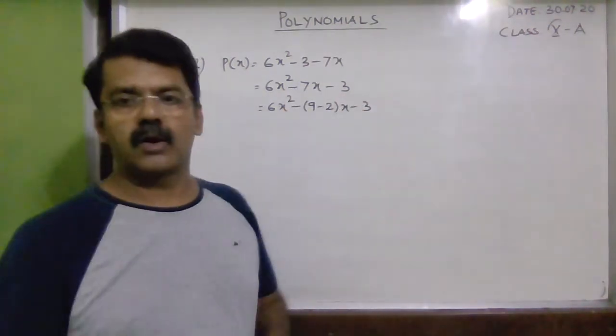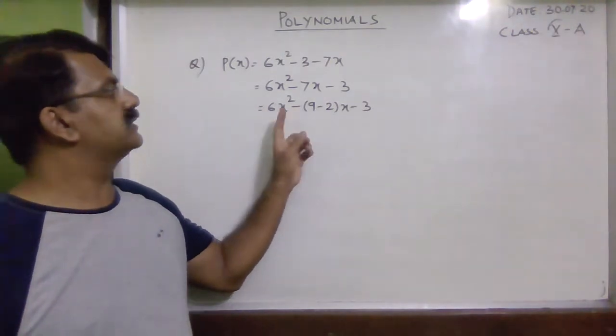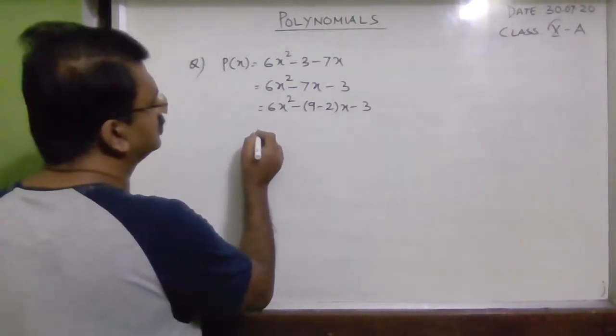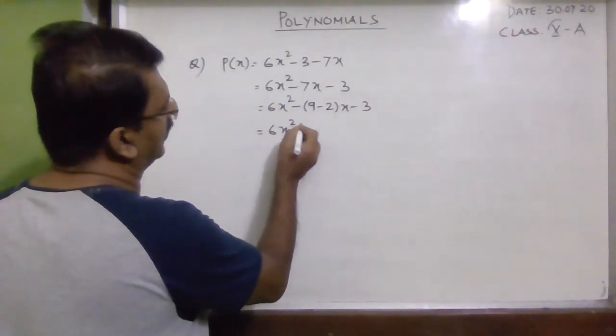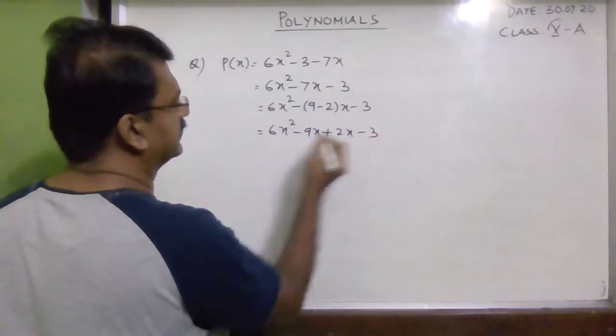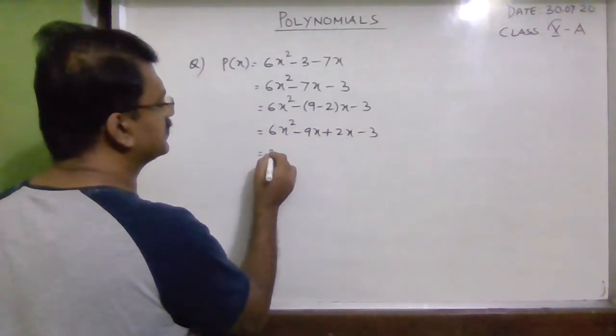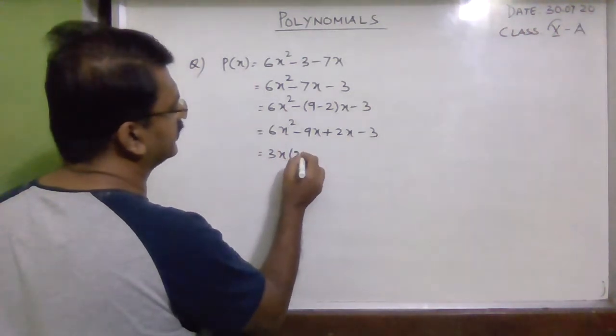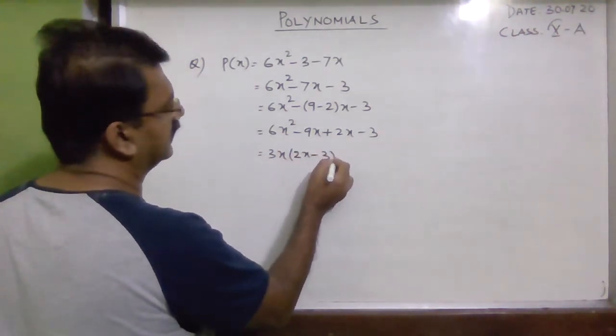So what we do, we write it as 6x square minus, in place of 7, we write 9 minus 2. Now, if you open the bracket, 6x square minus 9x plus 2x minus 3. Now from the first two terms, 3x can be taken as common, so it will be 2x minus 3.